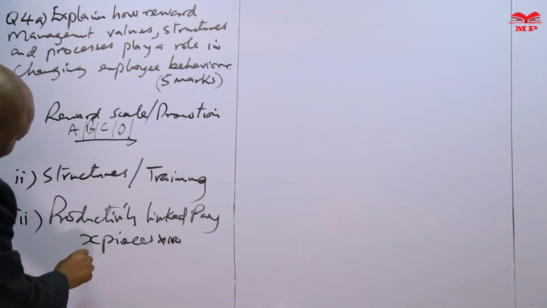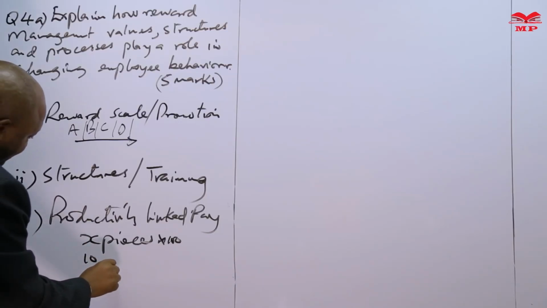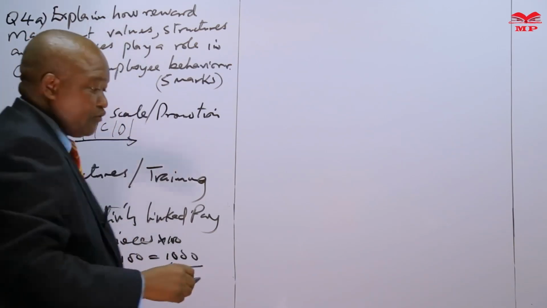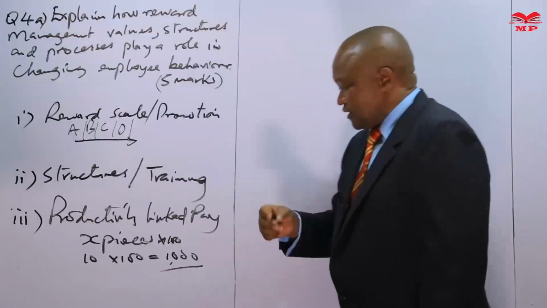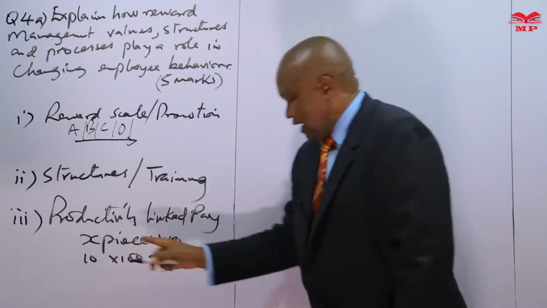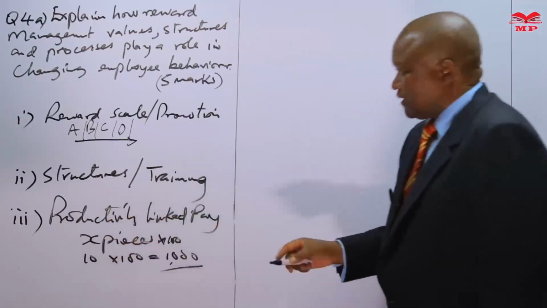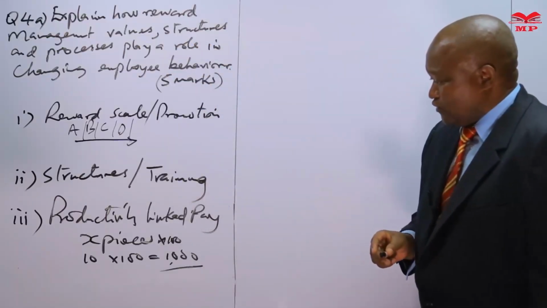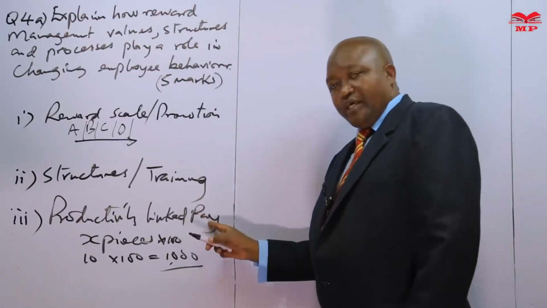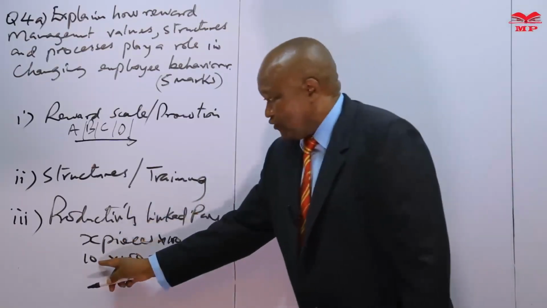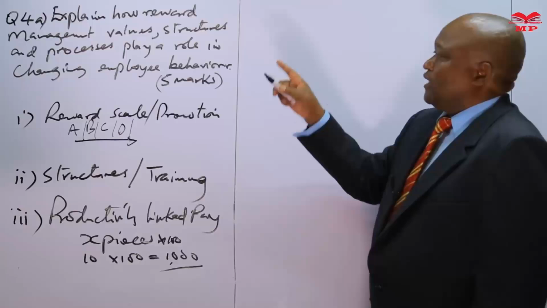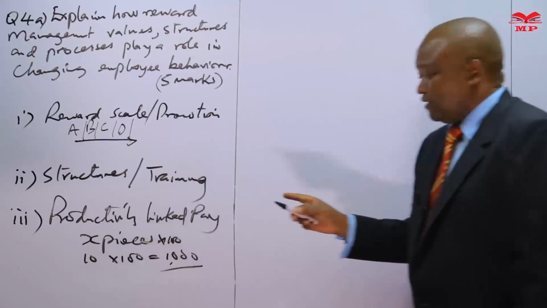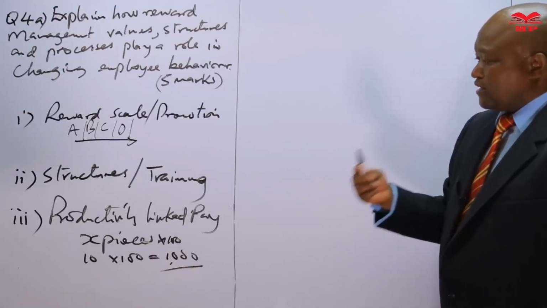So if an employee produces 10 pieces, it will be 10 times 100, which gives this employee 1,000 shillings for that given hour. An employee who produces less earns less, and one who produces more earns more. So employees who want higher pay will be required to put in more effort, and productivity linked pay will definitely affect the behavior of the worker.